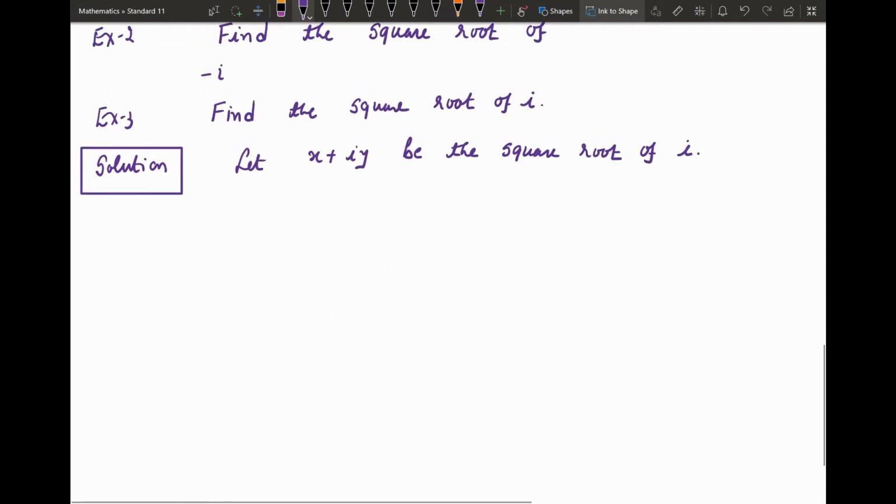Therefore, x plus iy equals under root i. Now as usual we take square on both sides, then there will be two equal complex numbers. Two complex numbers are equal if and only if real parts are equal and their imaginary parts are equal. So first, squaring both sides.